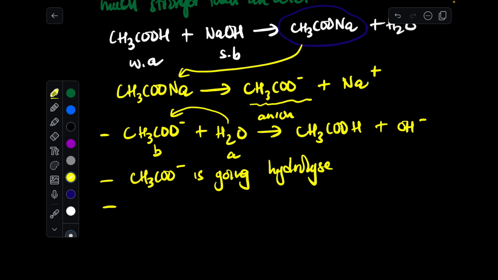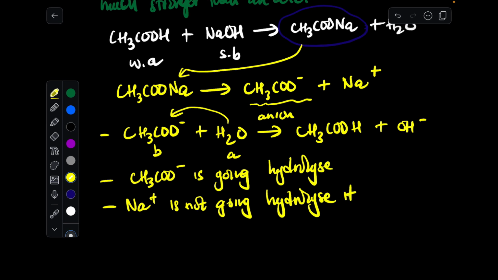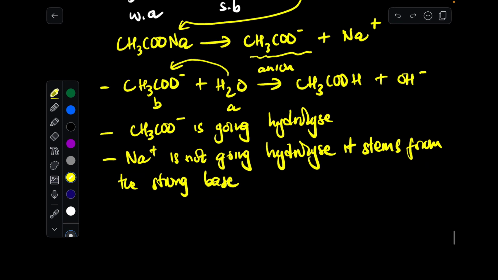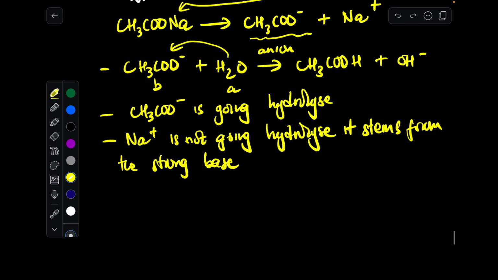And then you state that the sodium ion is not going to hydrolyze, because it comes from the strong base, or you can say it is a conjugate. It is a conjugate of the strong base, okay?